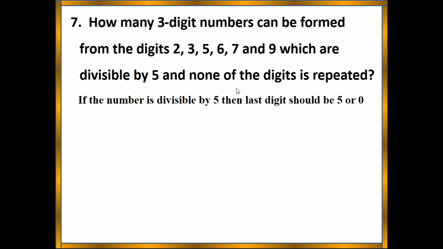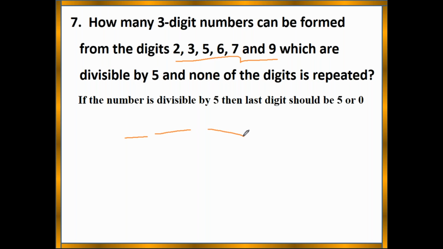We know total how many digits are there? 2, 3, 5, 6, 7, 9. Sir, 6 digits. Out of 6 digits, you want to form a 6-digit number or a 3-digit number? 3-digit number, sir. So first digit, second digit, and the third digit.